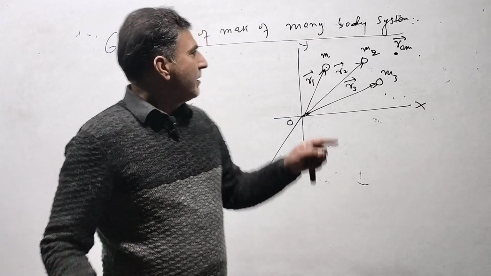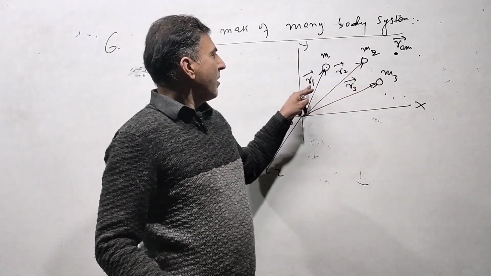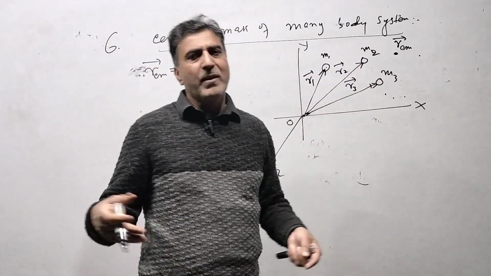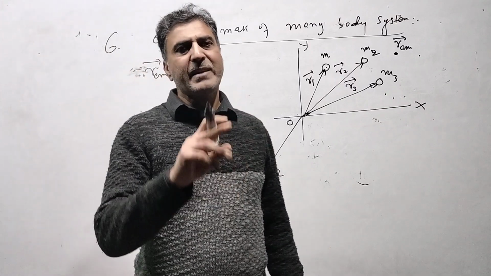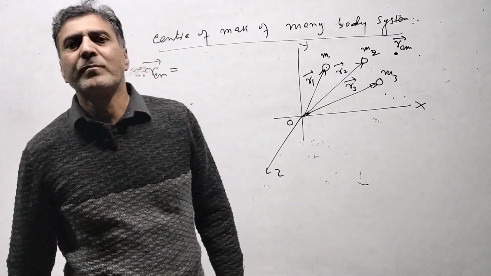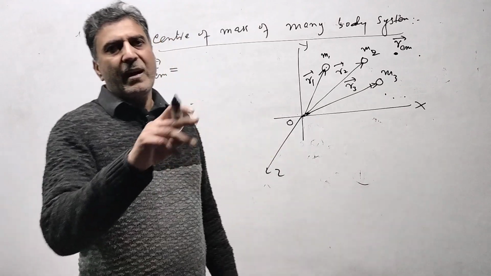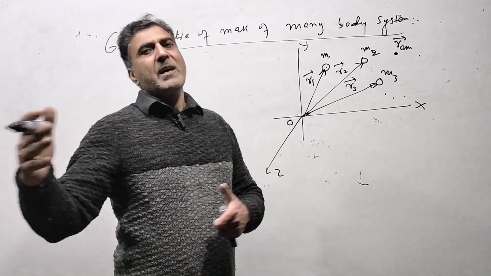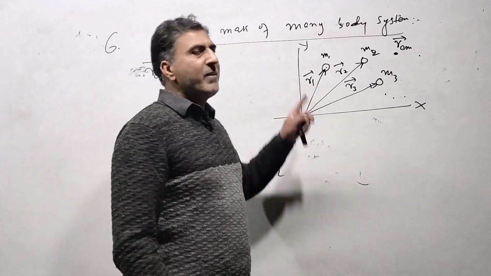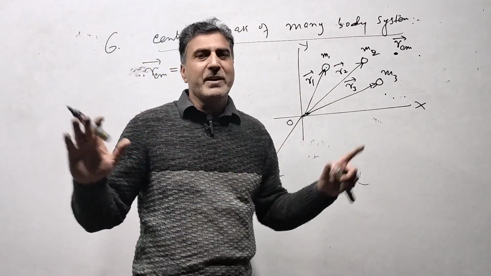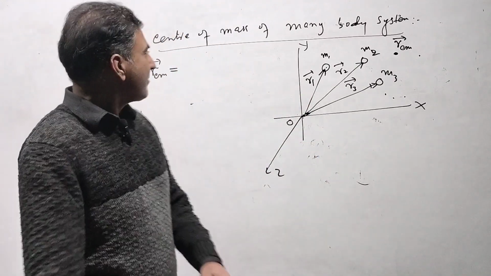All the bodies have their coordinates given. Radius vector or coordinates, one and the same thing, because if R1 is given, that means x1, y1, z1 is given. This R1 is the vector x1 i plus y1 j plus z1 k. If you are given the R1 vector, you are given the coordinates x, y, and z.